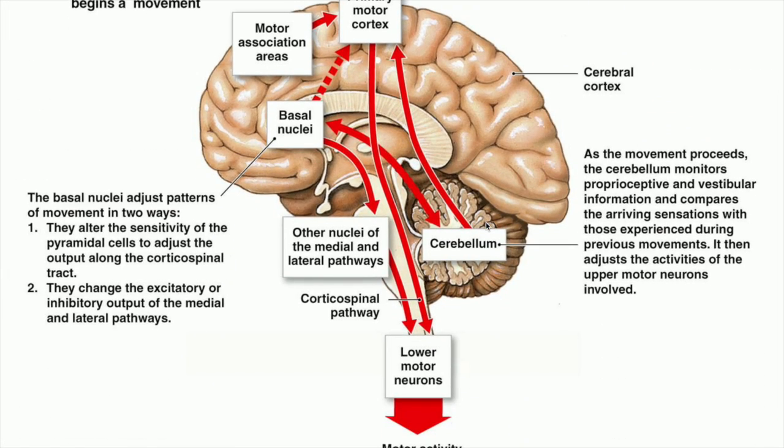And then when the movement begins, the motor association areas send instructions to the primary motor cortex, and feedback from the basal nuclei and the cerebellum modify these commands. And as the movement proceeds, the cerebellum monitors proprioceptive and balance information and adjusts motor neurons accordingly.